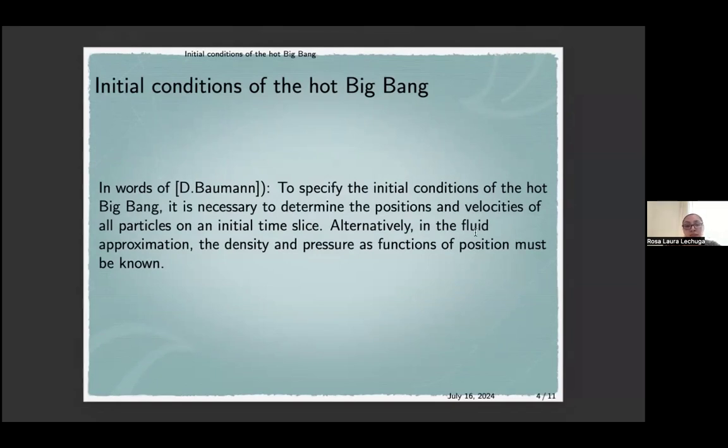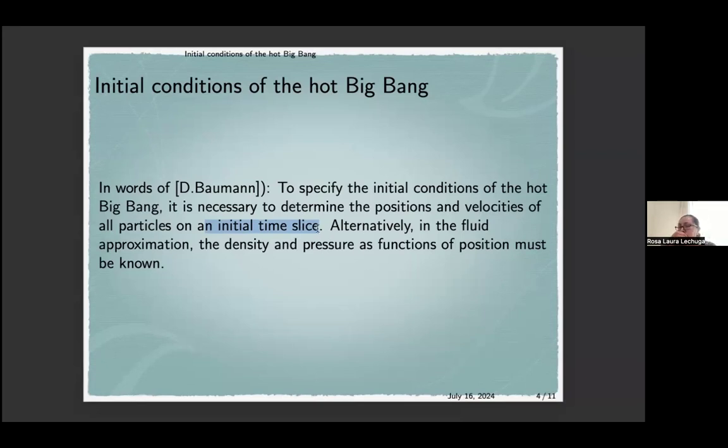And they thought, okay, it's necessary to determine all the positions and the velocities for all the particles in one initial time slice. We can think of these slices as the slices that I drew in the first lecture.